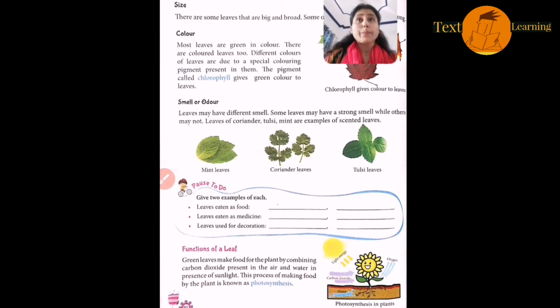The process of making food for the plant is known as photosynthesis. What is photosynthesis? The process of making food for the plant in the presence of sunlight, carbon dioxide and water is called photosynthesis.